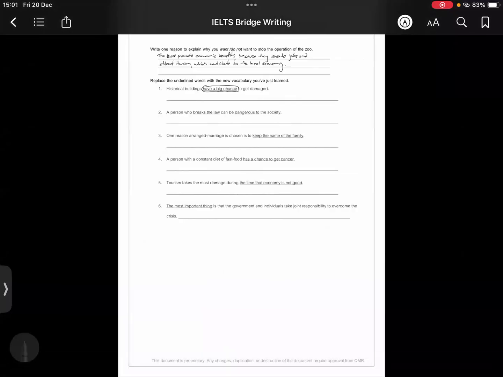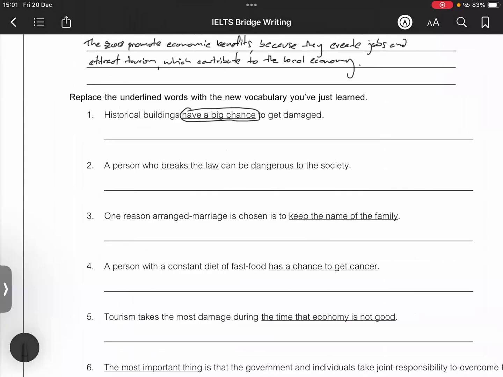So I can say here, historical buildings are likely to get damaged. Okay, so I'm replacing having a big chance with are likely to.